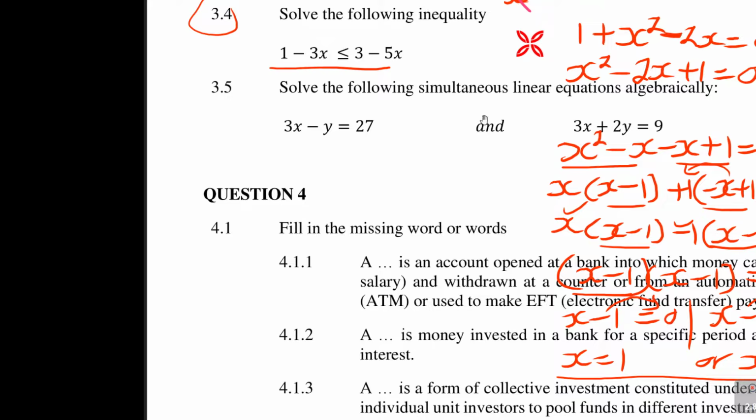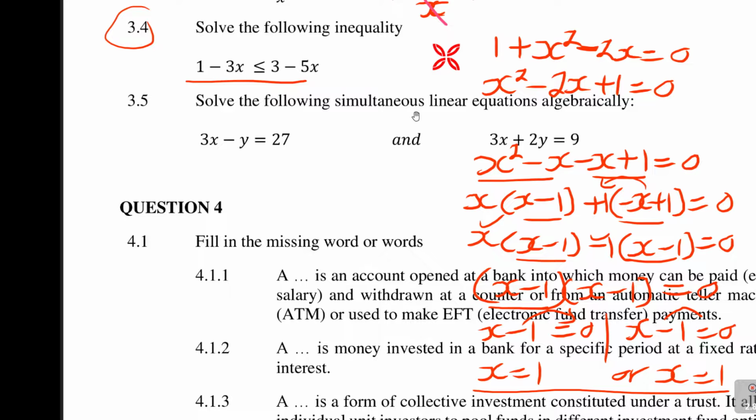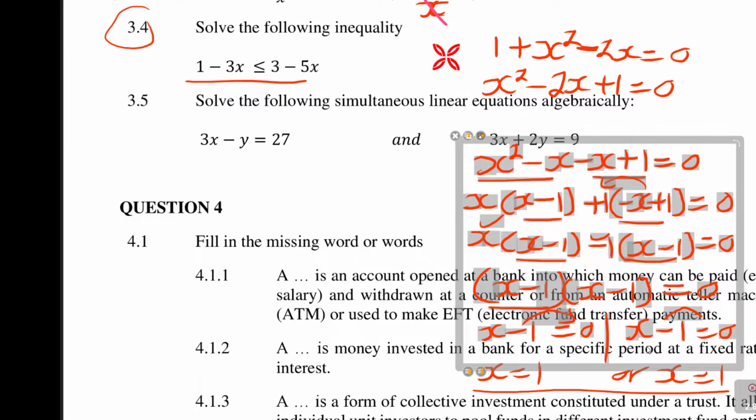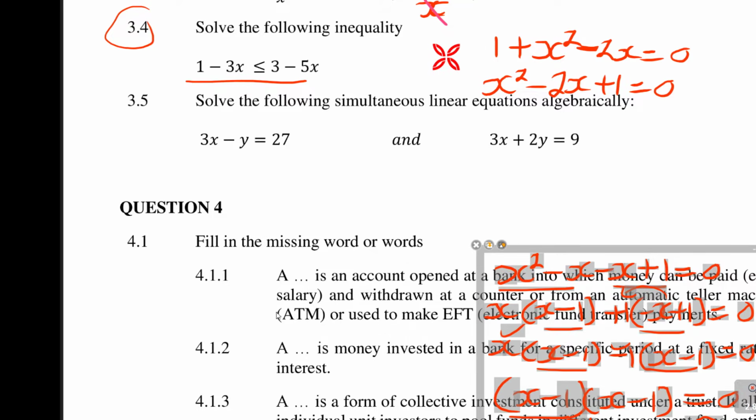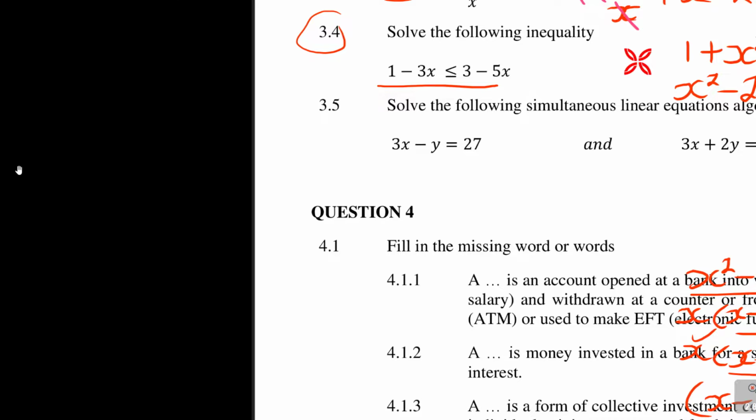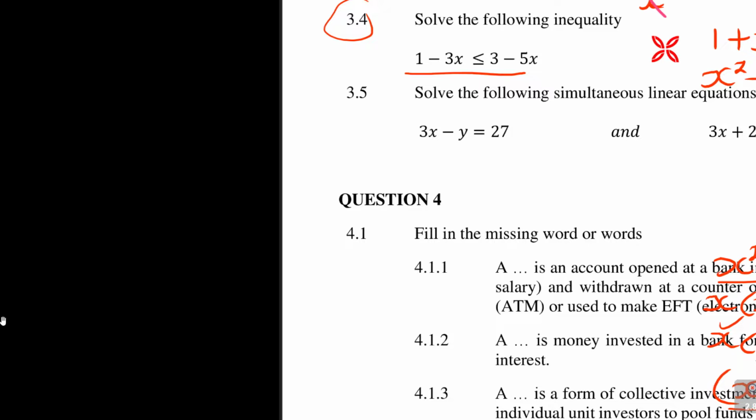And then solve the following simultaneous linear equations algebraically. And if I can just look at it and say this is what they're giving me, let me take it down also. They are giving me 3x minus y is equal to 27.